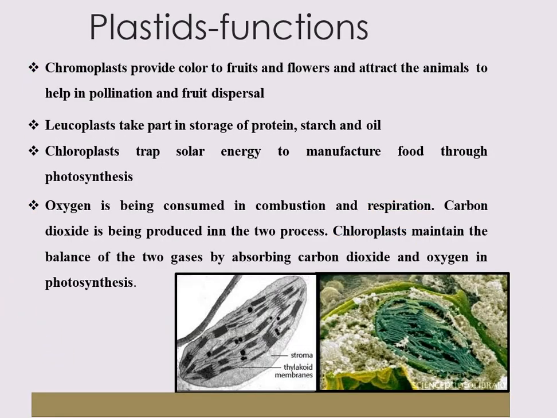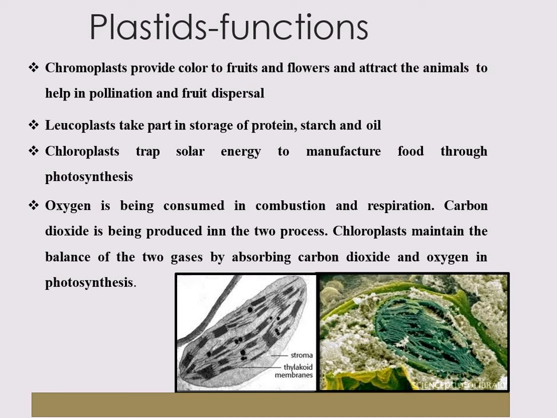Now, chromoplasts provide color to the fruits and flowers, and also attract animals to help in pollination and fruit dispersal. Leucoplasts take part in the storage of proteins, starch, and oil. Chloroplasts, that is the chromoplasts, if they contain the green chlorophyll pigment, are known as chloroplasts.